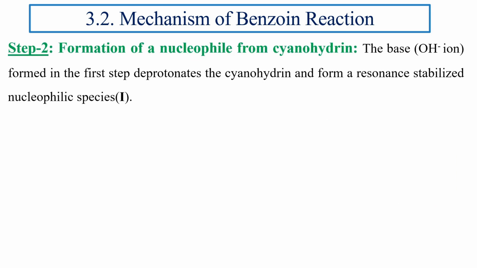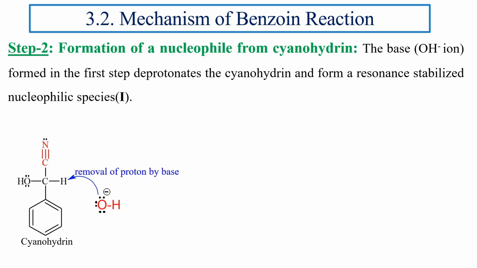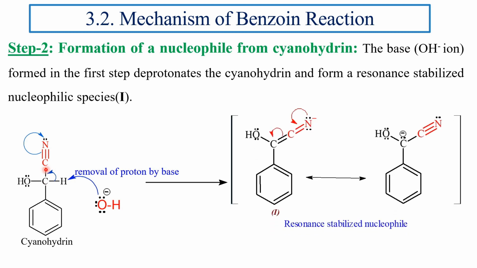The hydroxide ion that is formed in step 1 deprotonates the cyanohydrin and forms a resonance stabilized nucleophilic species. Because of the electron withdrawing nature of the cyanide group present in cyanohydrin, the acidity of the CH bond increases.